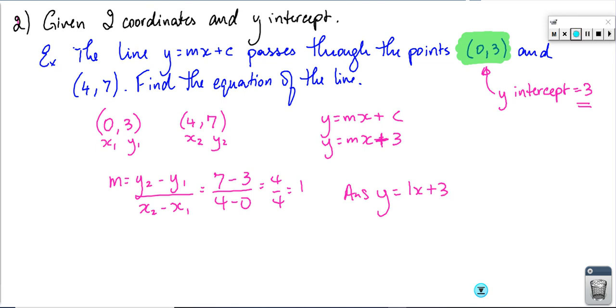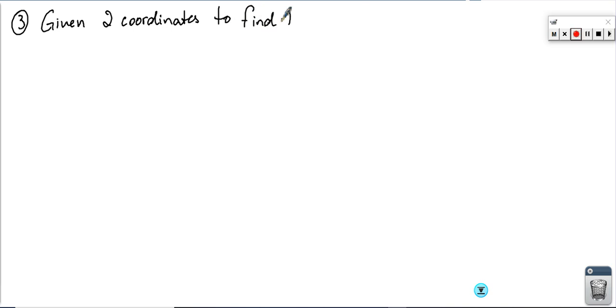Okay, the third example is when you're given just two coordinates and you're left to find the equation. So the third one, if you're given just two coordinates to find the equation of the line, let's start with an example.